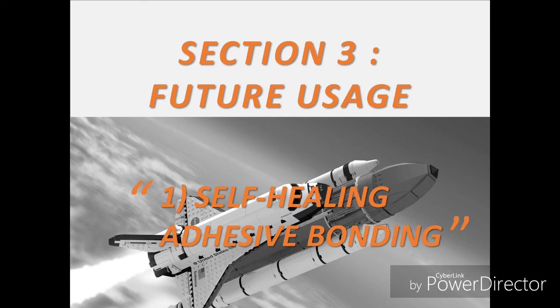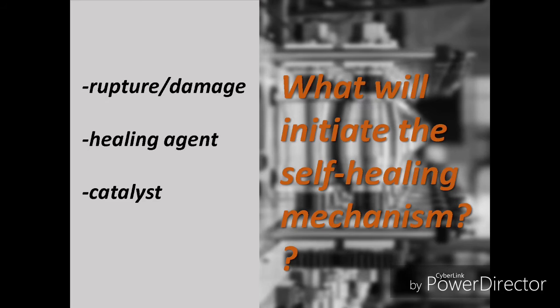In this section, we are going to discuss the future trend or future usage on adhesive bonding, which is the self-healing mechanism. A self-healing mechanism can only be initiated when the three components, which is healing agent, catalyst, and the damage itself exist together.